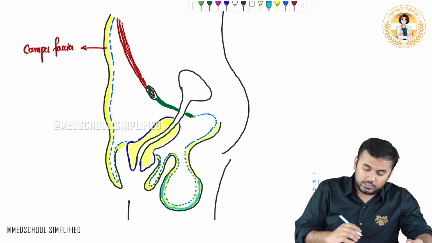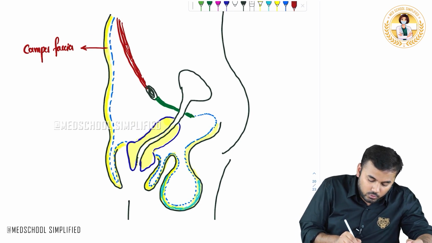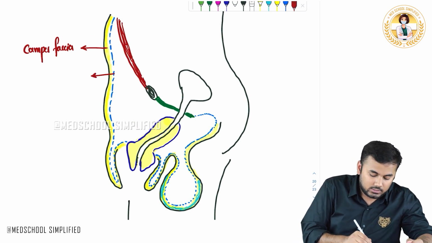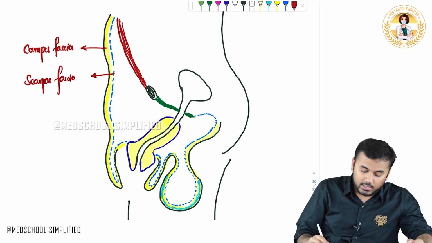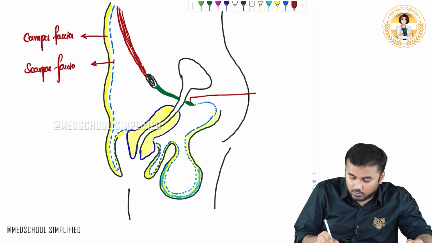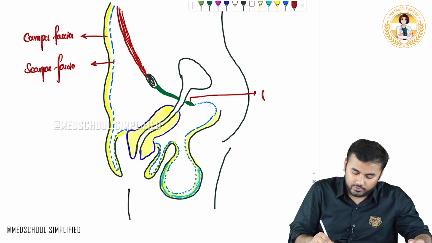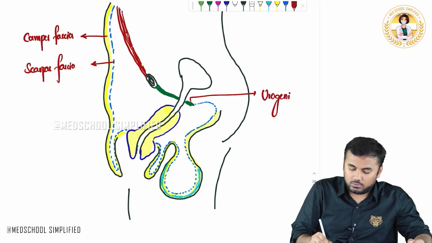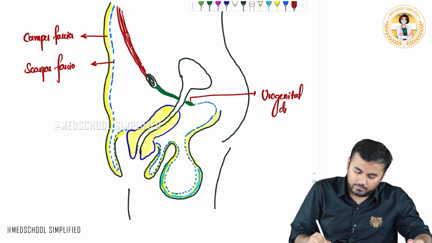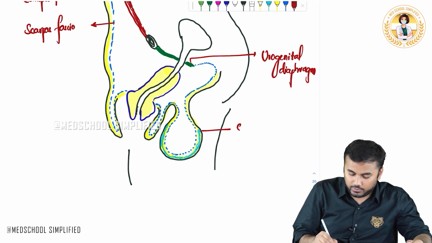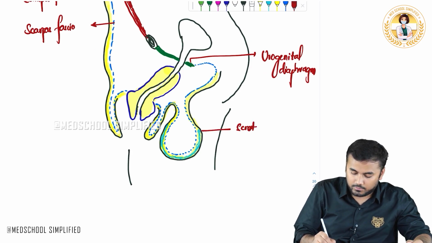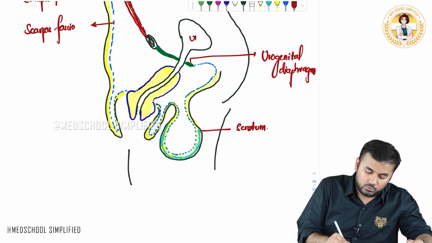Next important thing, these blue color lines are called Scarpa's fascia. Next, what is this green color thing over here? This is called the urogenital diaphragm. And this is your scrotum. And this is your urinary bladder.